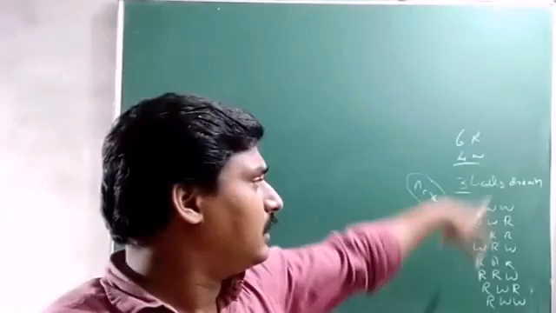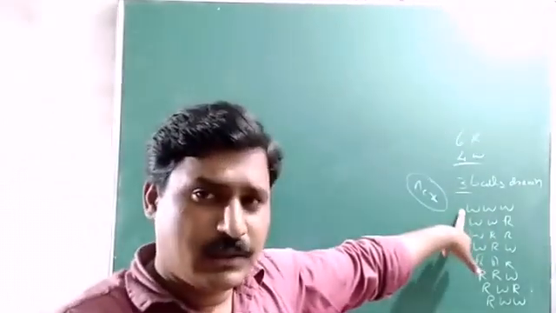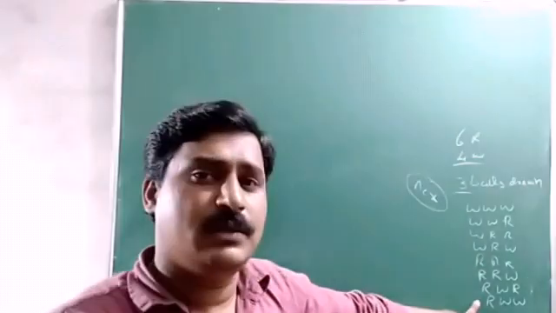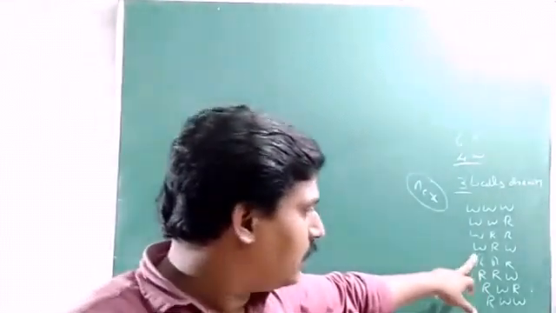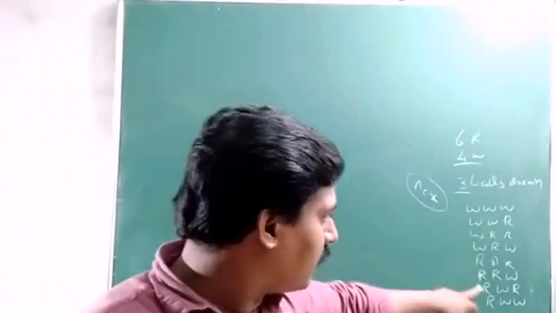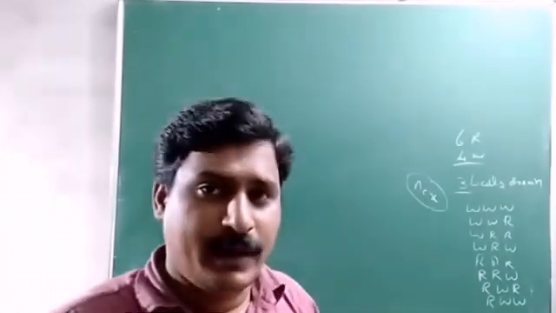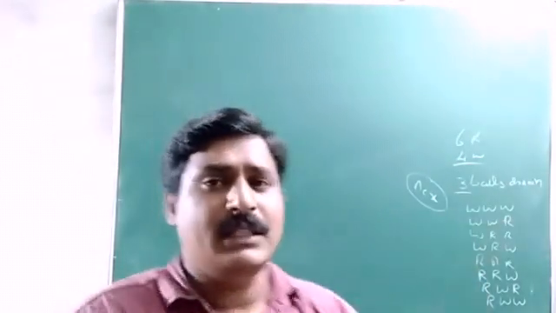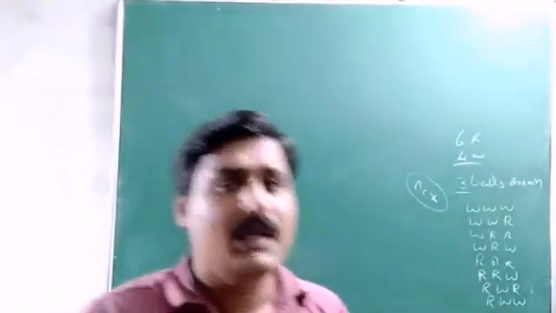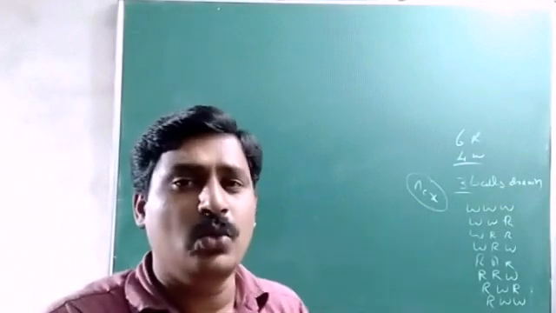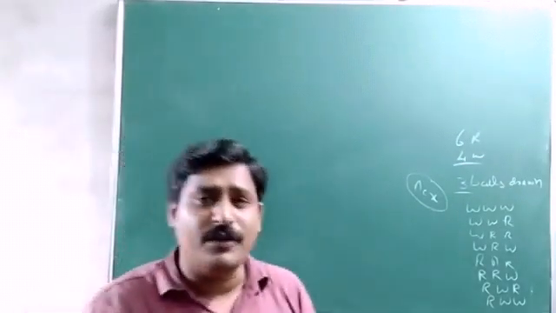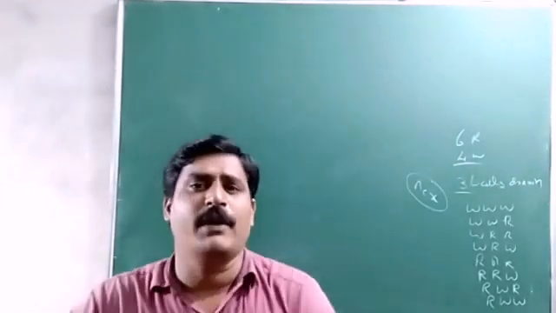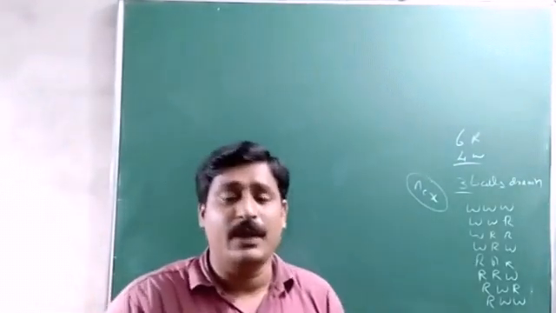So here, 3 white balls, and here two white balls, and here one white ball, and here 0 white balls. That means here the random variable will be 0, 1, 2, 3. So we have to identify the probability of getting 0 white ball, 1 white ball, 2 white balls, 3 white balls.